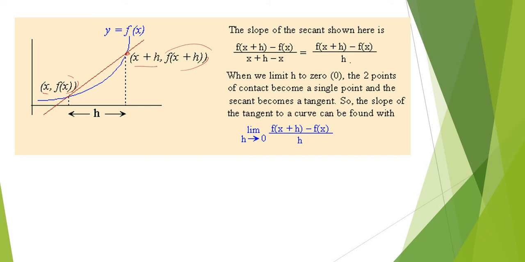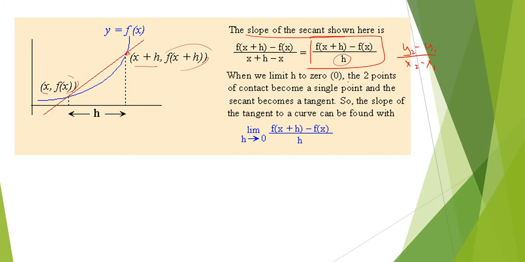You can see that this denominator simplifies to h, so we have f of x plus h minus f of x over h. This is the slope of the secant line between 2 points where h is some distance between the two values that we are calculating. This is a simple, good old slope: y sub 2 minus y sub 1 over x sub 2 minus x sub 1.